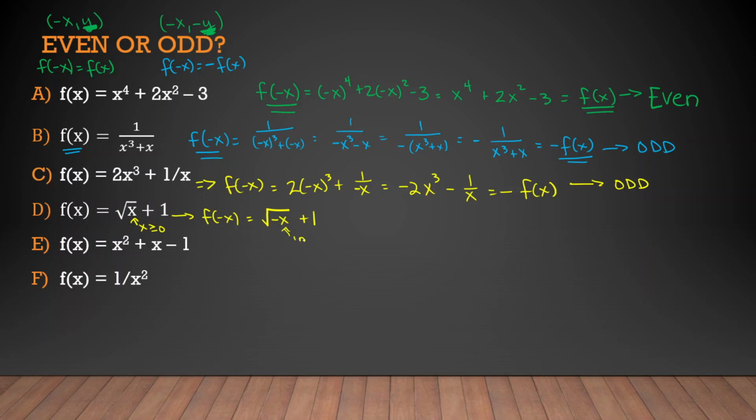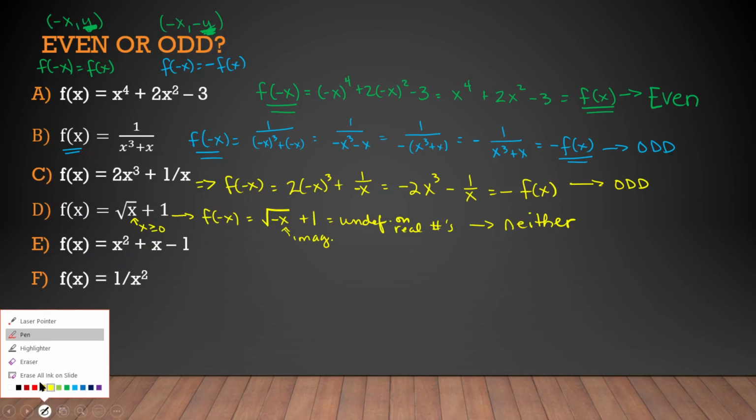So this is imaginary. So this is undefined on the real numbers. So this has neither symmetry. Okay, I didn't get the same as f of x, the same as what I started with, and I didn't get the opposite of what I started with.